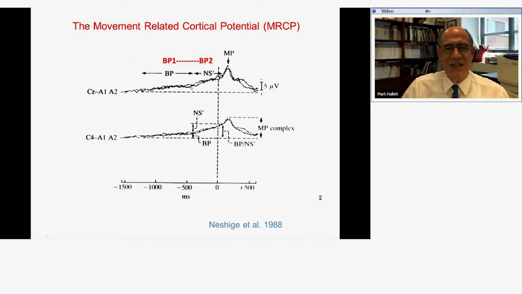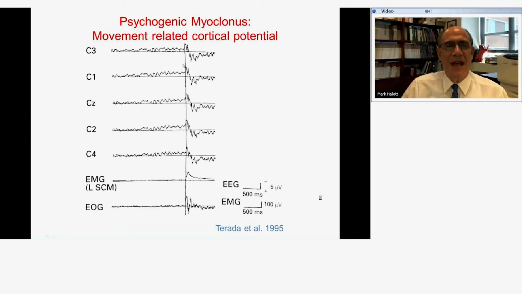A slowly rising negativity and then a more rapid rising negativity over about a second and a half prior to the movement. So this is seen in normal voluntary movements, and it can be seen sometimes in other situations, such as psychogenic myoclonus. So in this circumstance, you have a slowly rising negativity, similar to what you see in a voluntary movement.